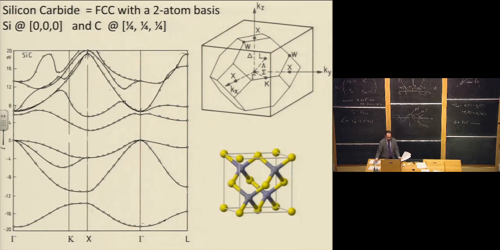And if you measure the curvature down at the bottom of the band near k equals 0, you get basically the mass of the free electron. It's not exactly the mass of the free electron, but it's pretty close, within 20 or 30% or something. So it really tells you that what's going on near the bottom there is basically free plane wave physics, just perturbed slightly by the scattering potential that at the X point scatters you across the Brillouin zone and opens up this gap. Is that clear so far?